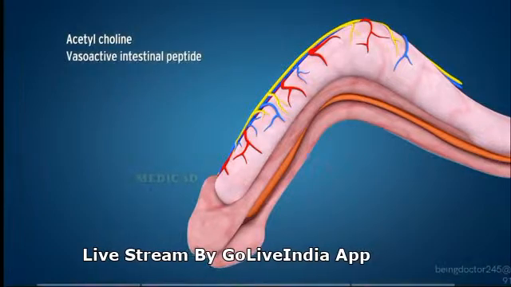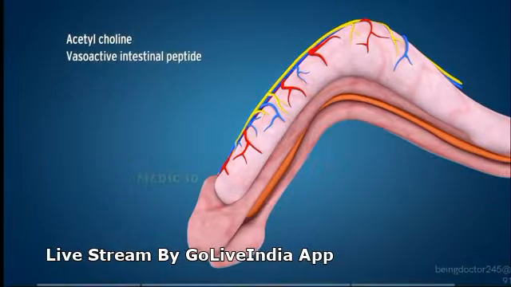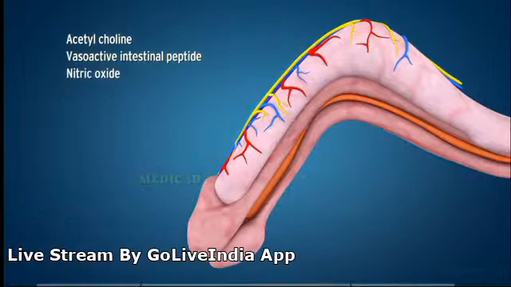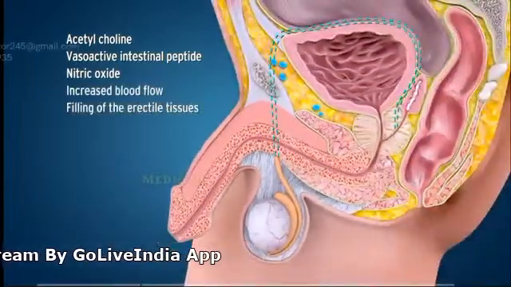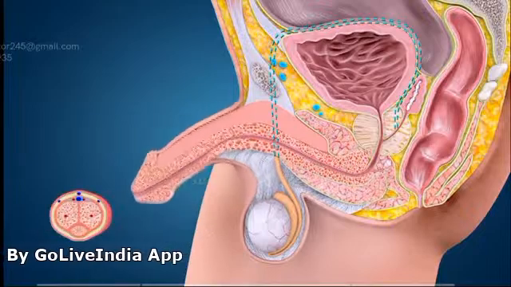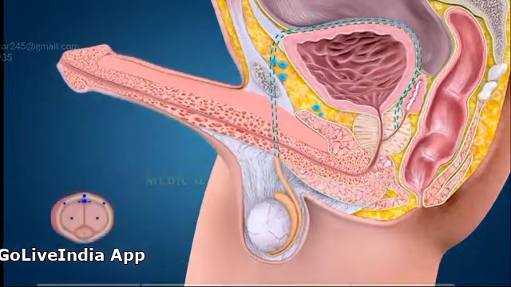Acetylcholine, vasoactive intestinal peptide, and nitric oxide are released, which causes increased blood flow and filling of the erectile tissues. All these make penis hard and elongated.